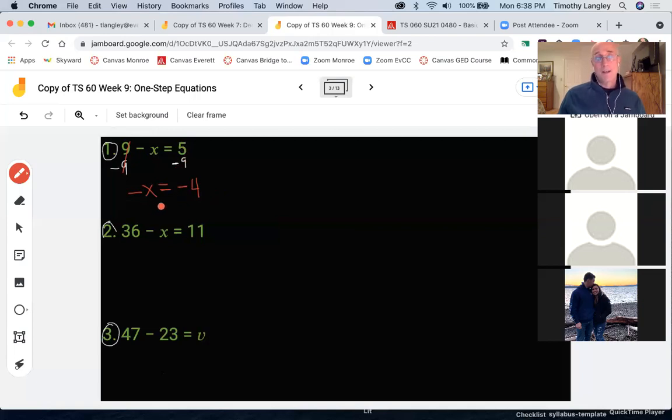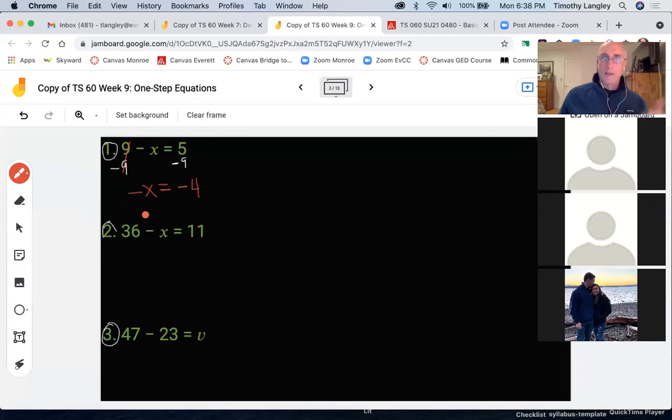So now here's what you would do in an algebra class if they were explaining the full thing. How do you get rid of a negative x? You don't want a negative x. You don't want a negative y or a negative a. You would multiply each side by -1. Because, and I apologize for the fact that you haven't even heard this yet, and it's not even in your course, if you multiply a negative times a negative, it becomes a positive.